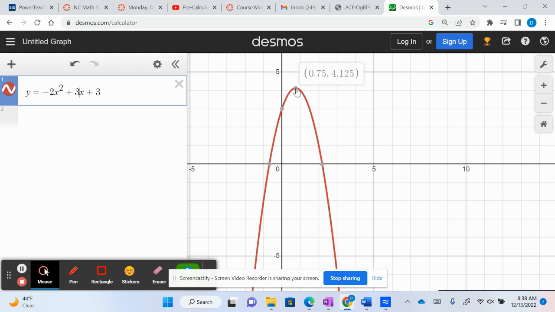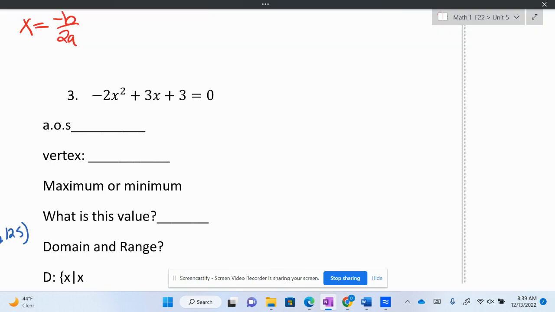So I'm going to click on this point right here, which is my vertex. Do you see this is my vertex? So my axis of symmetry is the x coordinate of my vertex. So the axis of symmetry takes place at the equation x equals 0.75, or x equals 3/4.